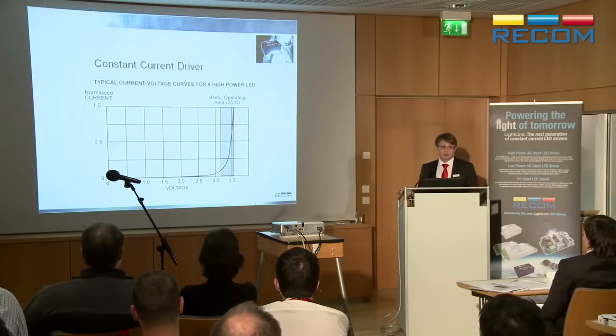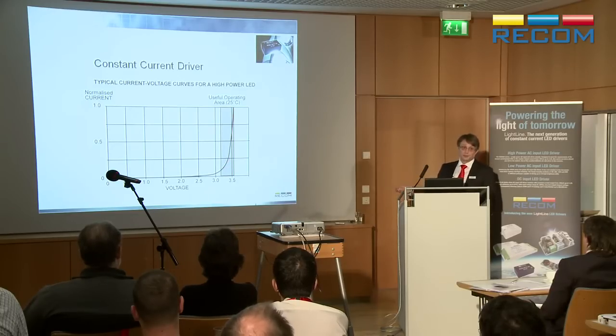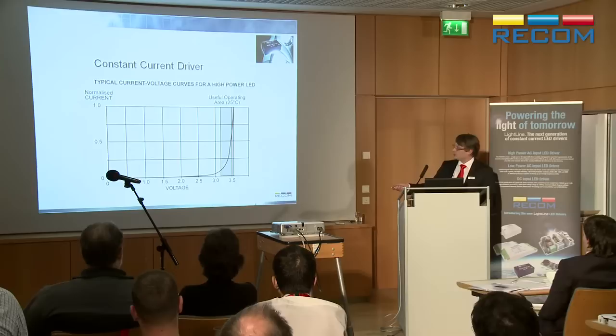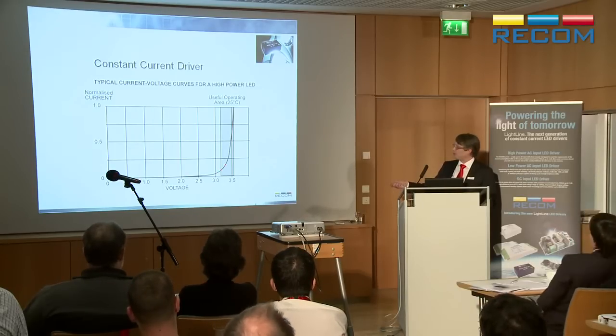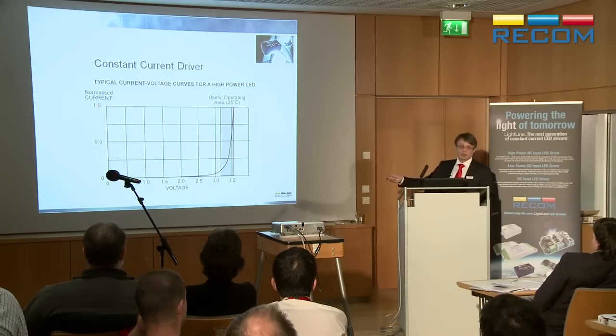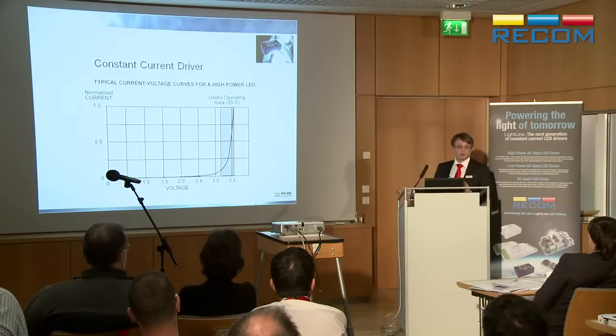If you look at a typical LED, this is the current that goes through it, and this is the voltage. The problem is that when the voltage is below the point at which the LED starts to glow, nothing much happens, and then it goes very, very sharply up. You can see how steeply this curve is. This is the current from 0 to 100%, the normalized current. This is in tenths of a volt almost. You can see how sensitive the LED is to very, very small changes in the control voltage.